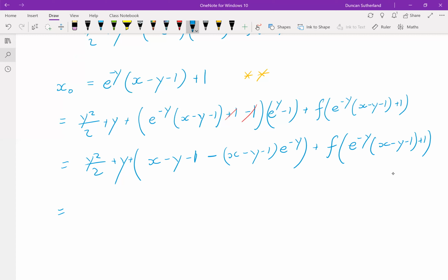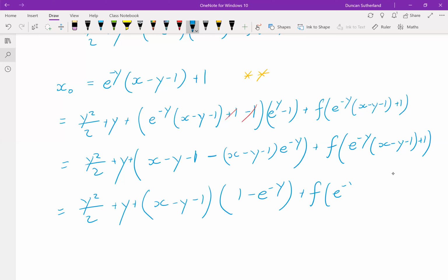We can write this term a little bit neater, as I said, by pulling this common factor out. All right, and we are done.